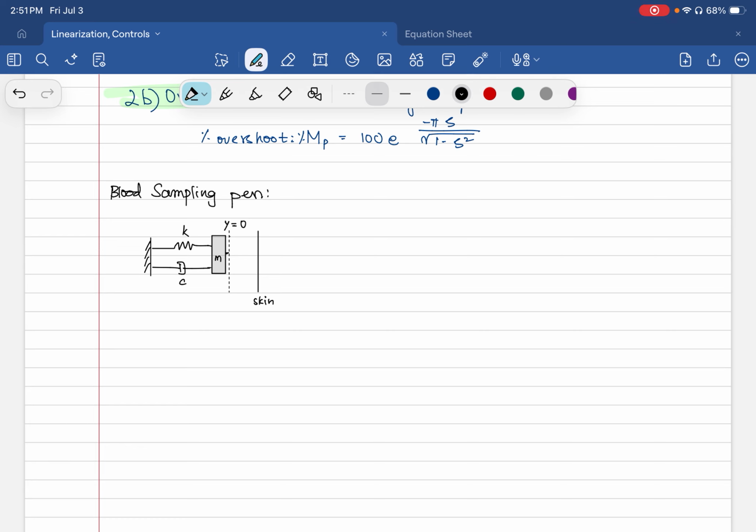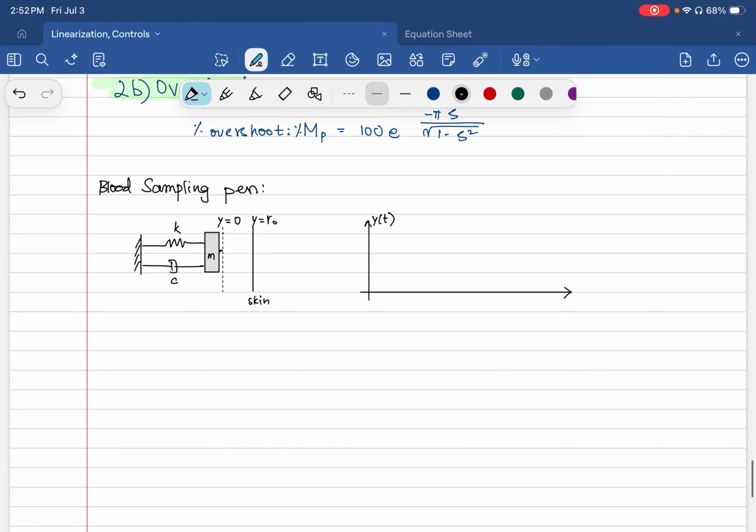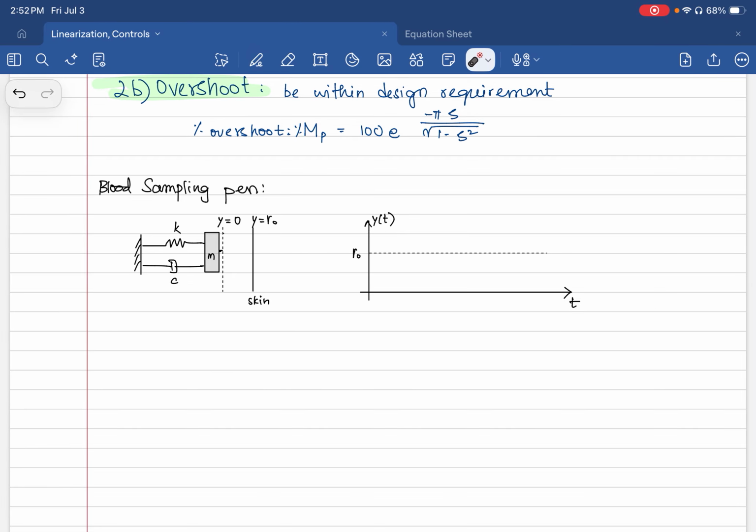What we want is that this y goes to the position y equal to r naught, and then it comes back out. This is the desired behavior. It only pricks the skin once. This is y of t, this is t. This here is your r naught, which is your skin position with respect to y equal to 0.